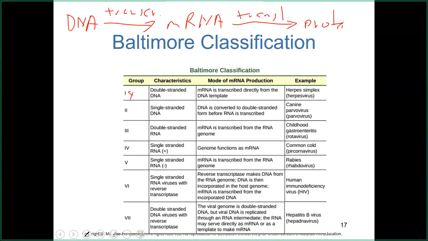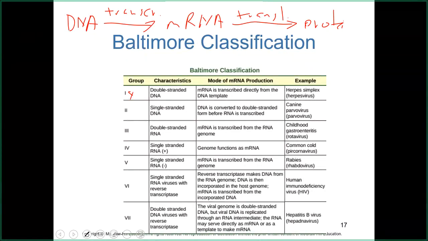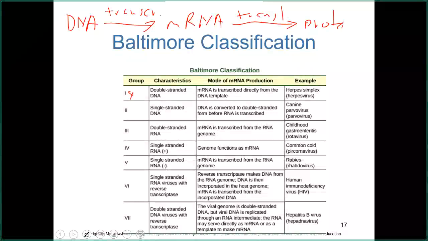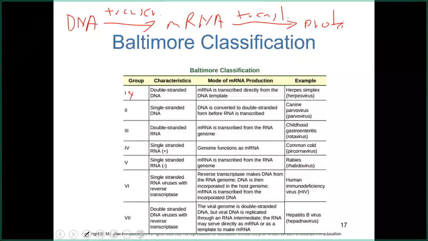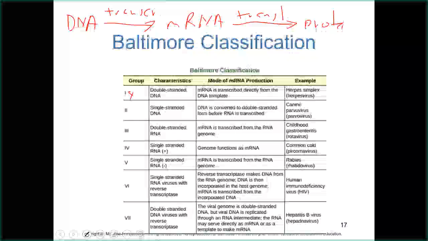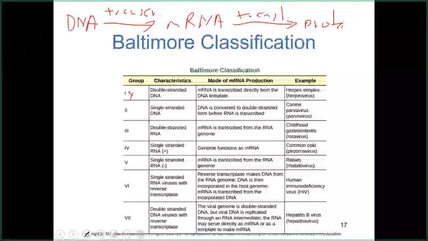And then we have the single-stranded DNA viruses. They convert their single-stranded DNA to a double-stranded DNA, and then that is transcribed into RNA. So there's a little bit of a processing step initially. So the parvoviruses are like that. And then the remaining viruses have some different stuff going on. The groups 3 through 6 are all RNA viruses.